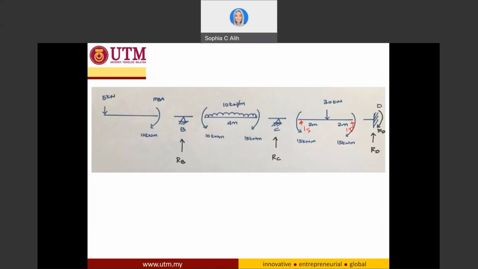Okay, and this method of drawing shear force and bending moment diagram is going to be similar for other examples as well, or for other conditions. So this is why I separated the video, in order for you to be able to refer to it at any time you want to have a revision on how to draw your shear force and bending moment diagram.